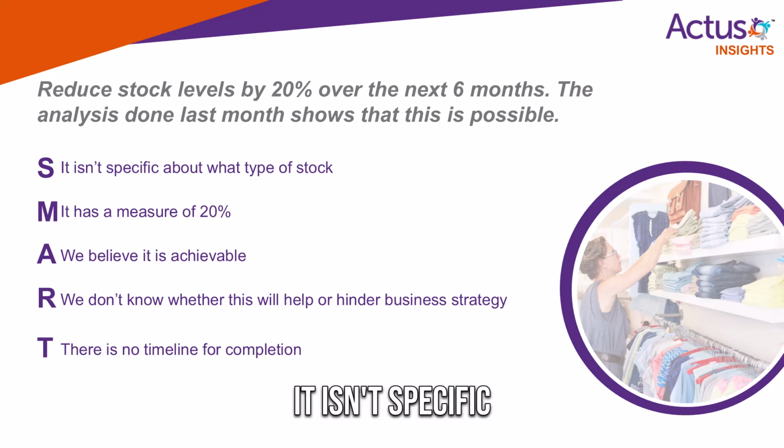It isn't specific about what type of stock, and this could be counterproductive. For example, if we reduce the wrong type of stock, it could cause supply issues. Hence, it could be positive or negative to business strategy. Also, having a timeline of over 6 months, that isn't a clear deadline. It could be seen as ambiguous.